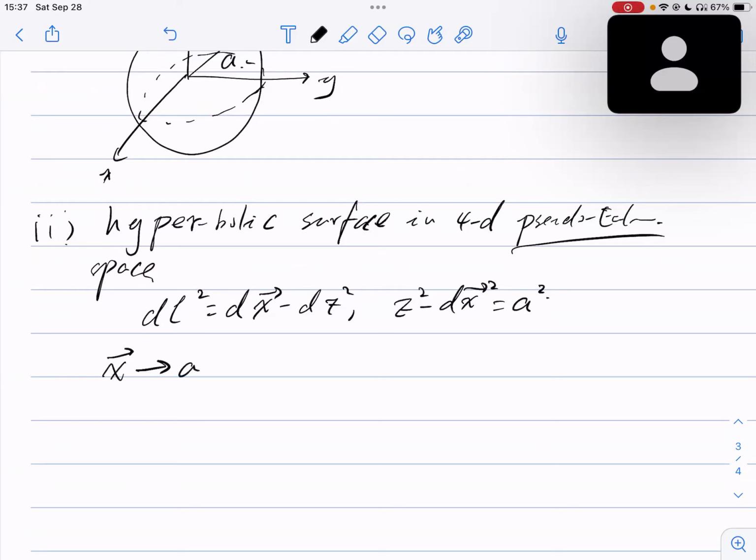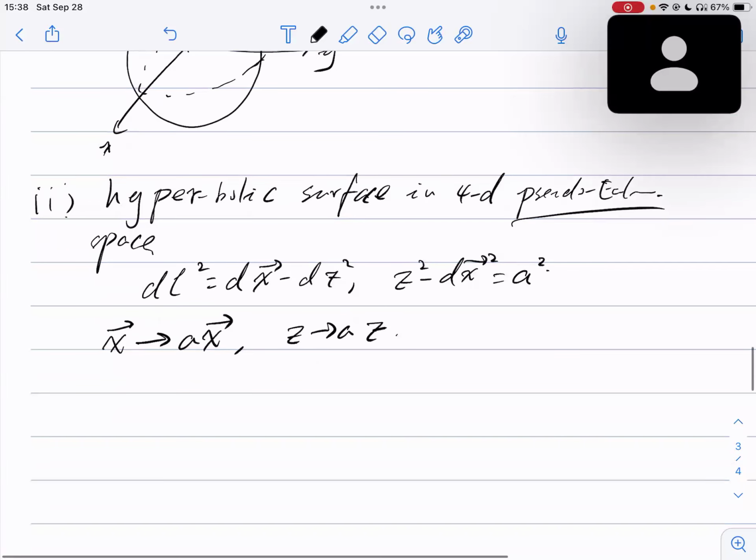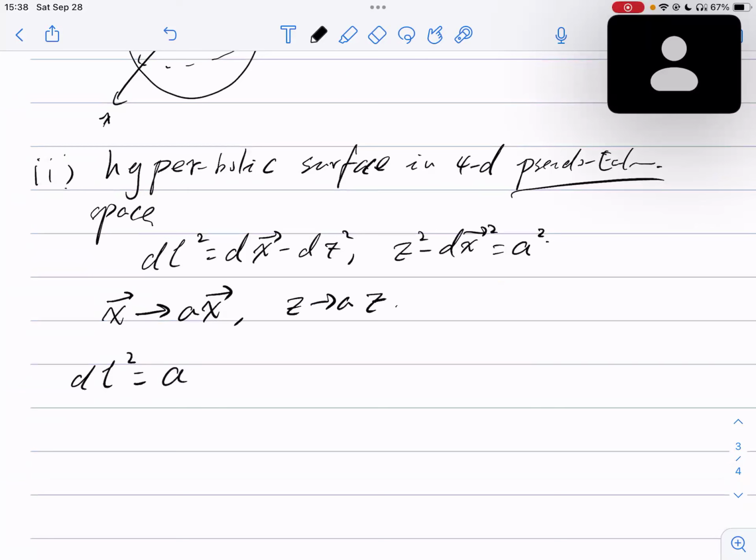You make x to ax, z to az, and we can write down the dl squared in one expression, dx squared plus or minus dz squared, and z squared equals a squared plus or minus x squared.